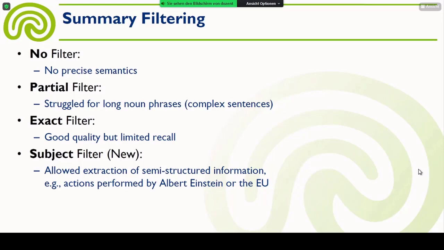So for example, we had, I don't know, 10,000 abstracts from political science and we end up with 200 extractions. Not so good. And what we have observed is that this subject filter is very interesting in practice because you filter and you canonicalize your subjects, so you retain these actions were performed by Albert Einstein.